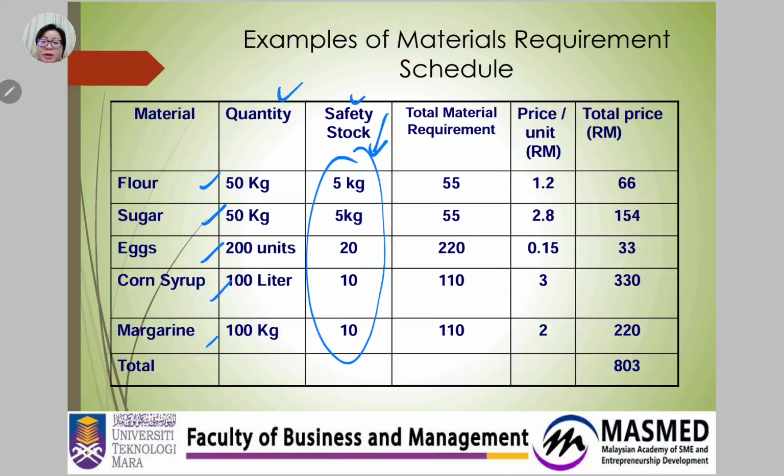Since there are more orders coming in Christmas, I will have to purchase an extra 5 kilo of flour, 5 kilo of sugar, and 20 more eggs, for example. So the total material requirement, just multiply, add 55 kilo, and then price per unit 1.2, multiply and you get 66, then total it up like this. Very simple. That is materials planning done.